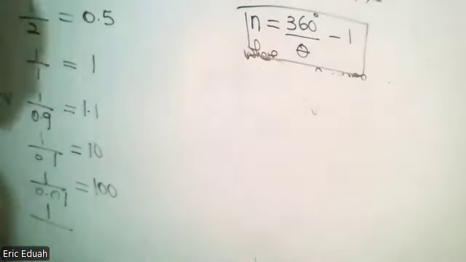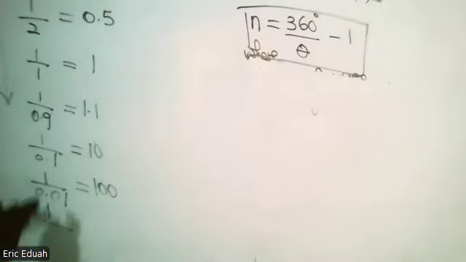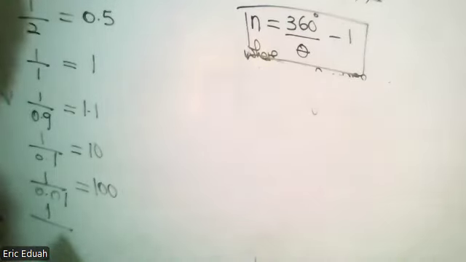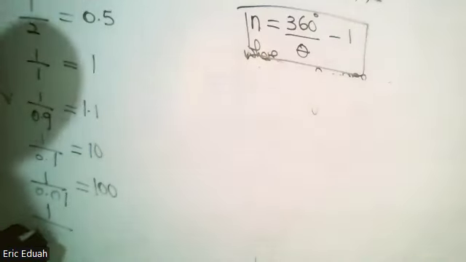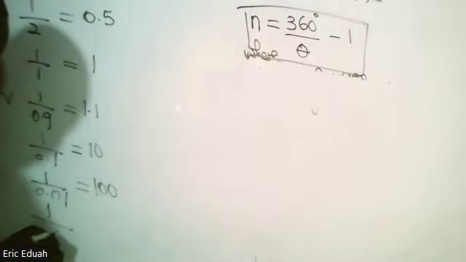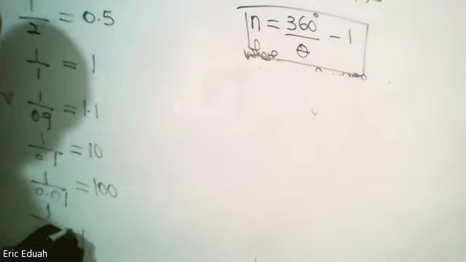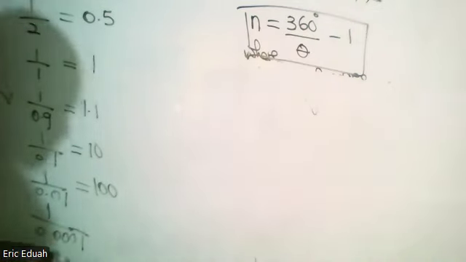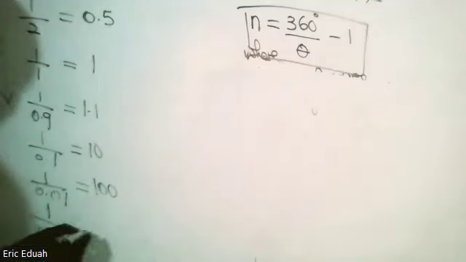Then let's take one last example. What are we doing? Decreasing the denominator and drawing close to 0. 1 divided by 0.0001. At least this, we are close to 0, isn't it?